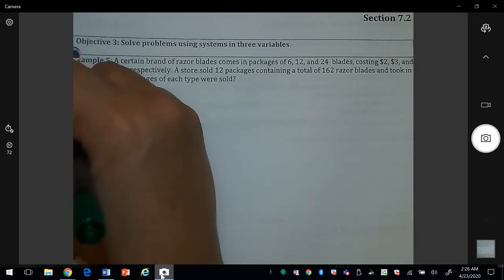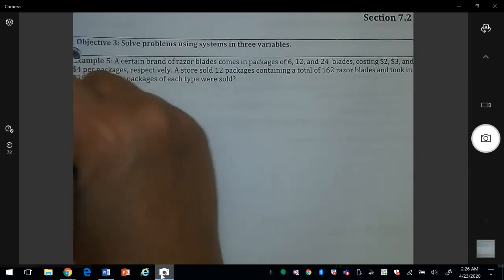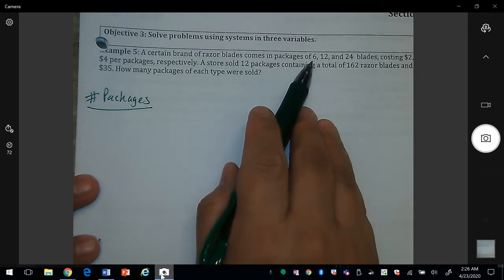Okay, so the first thing we can look at is the number of packages. So the number of packages, we know that we bought a package of 6.